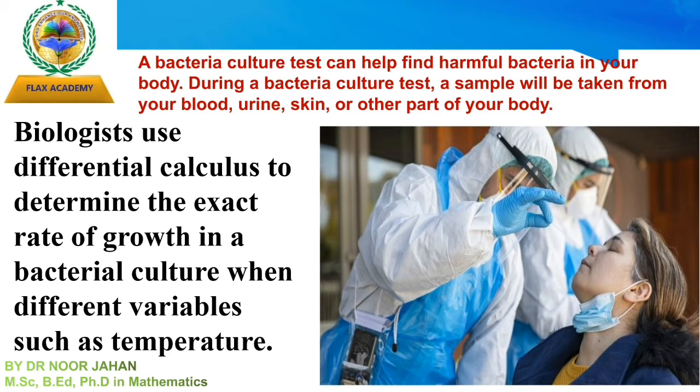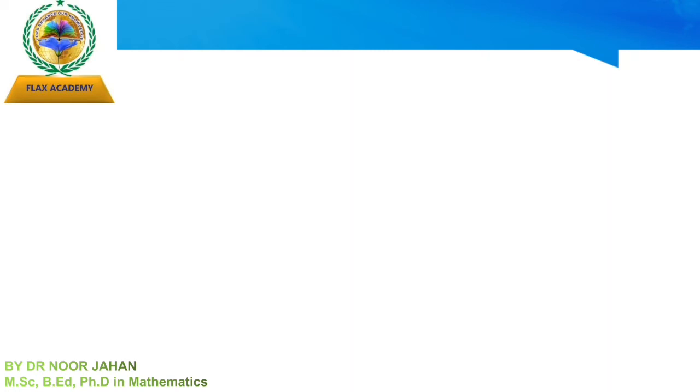A bacteria culture test can help find harmful bacteria in your body. During the test, a sample is taken from the blood, urine, skin or other part of the body to check the growth of the bacteria within the body.